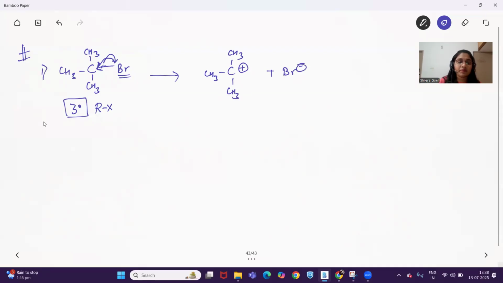Now, this is the first step, and I told you about the second step. This is the RDS step, and what happens in the second step? The carbocation will undergo further reaction, right?